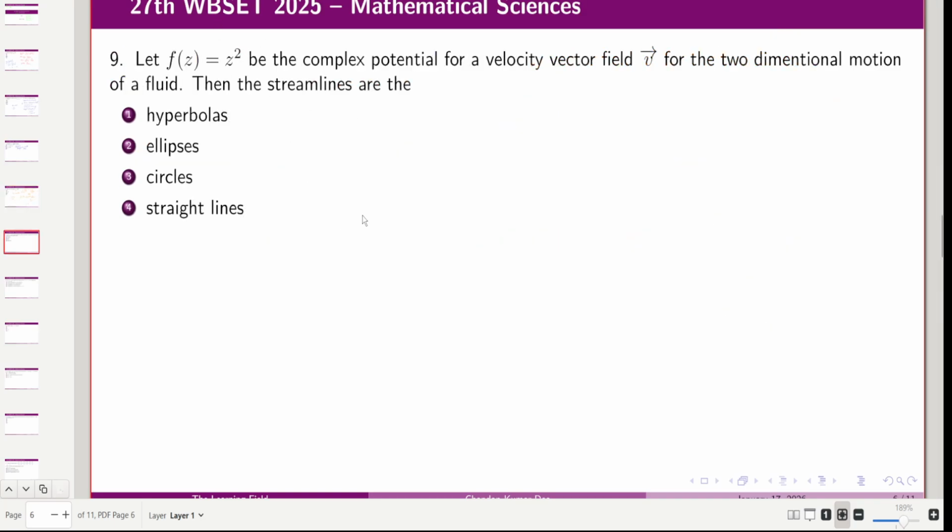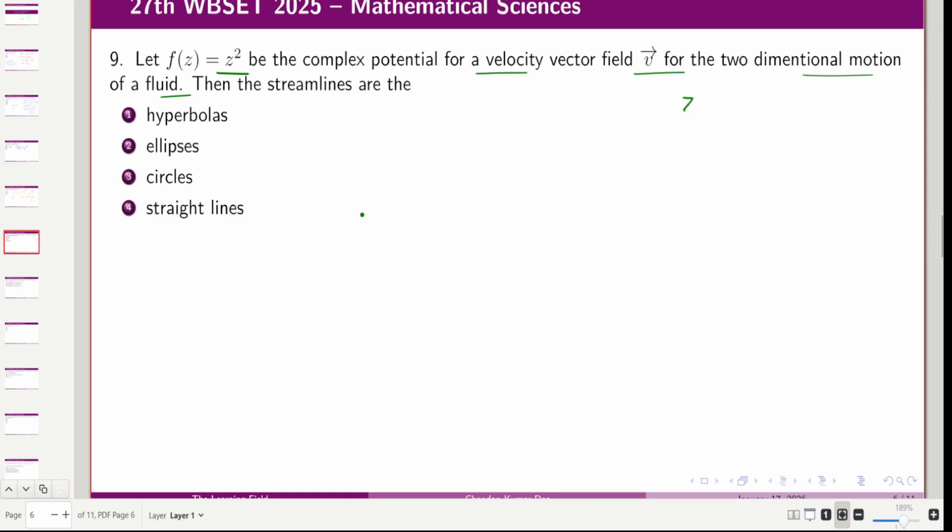Next question. What is the question? Let f(z) equal to z square be a complex potential for a velocity vector field v for two-dimensional motion of a fluid, then what are the streamlines? This we have to calculate.